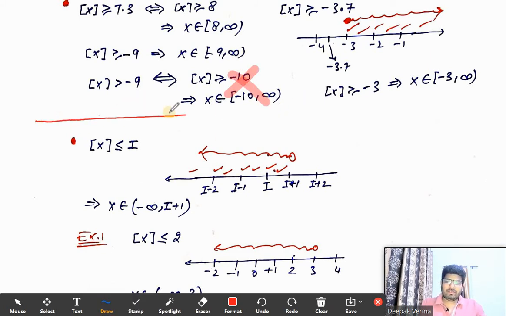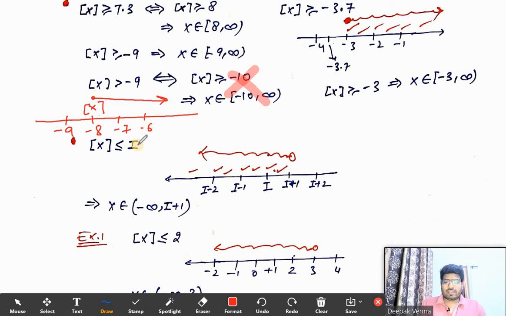Make a number line first. So we have minus 9, minus 8, minus 7, minus 6 like this. The integer just greater than minus 9 is what? Minus 8. Got it? So we have to move towards the right here.